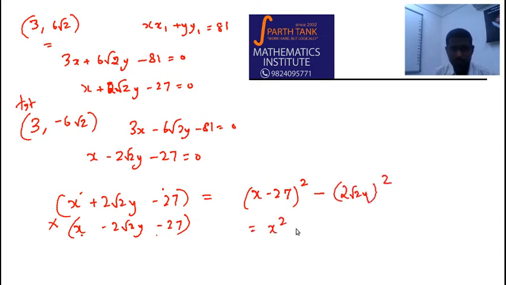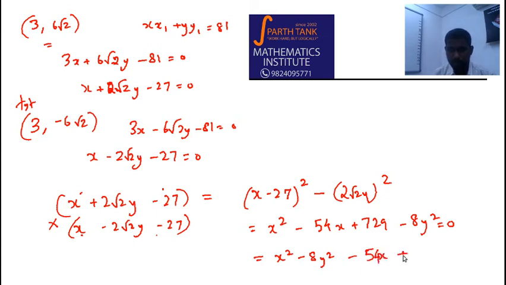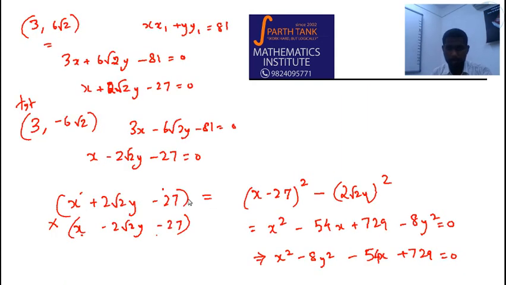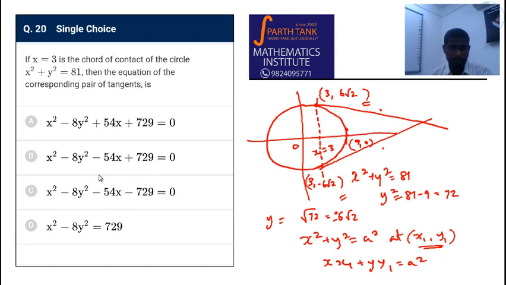So this is x squared minus 54x plus 729 minus 8y squared is 0, or x squared minus 8y squared minus 54x plus 729 is equal to 0. So option B.